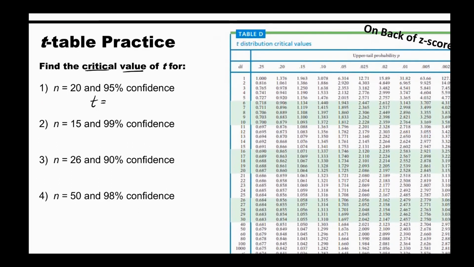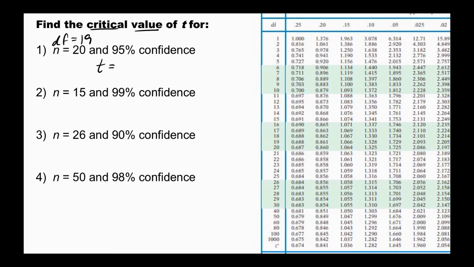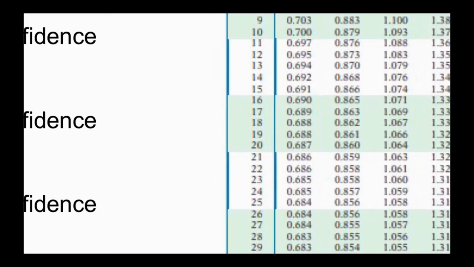First thing you do is start with the degrees of freedom. You've got to find the degrees of freedom. What is degrees of freedom going to be for a sample size of 20? 19. Good. So go along the sides here and find 19. Right there.